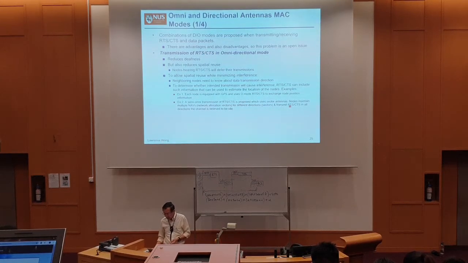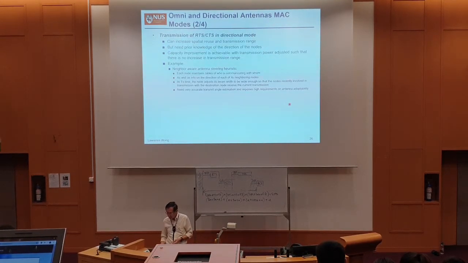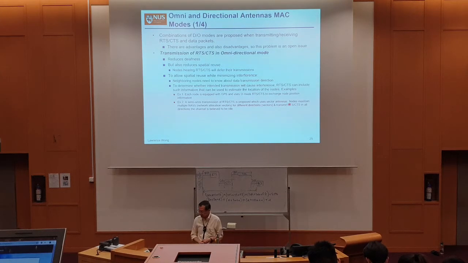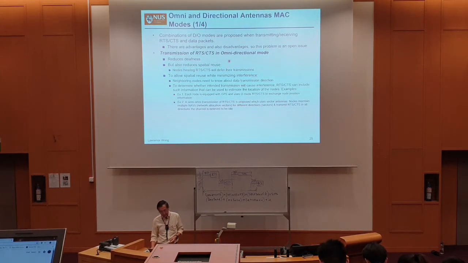We have three different scenarios here. The first scenario is to transmit RTS and CTS in a directional mode. If you do that, it appears that it reduces deafness. It unfortunately reduces spatial reuse, but it does reduce the amount of interference.